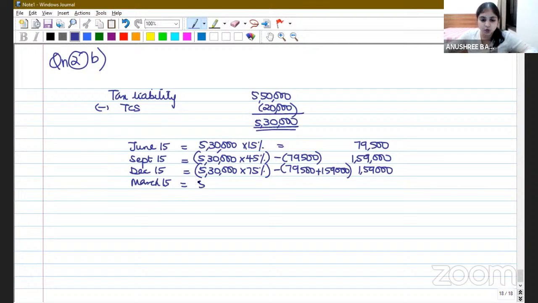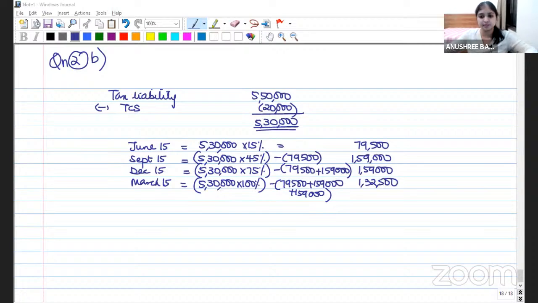And last installment, 5,30,000 into 100%. From this, we will subtract 79,500, 1,59,000 and another 1,59,000 because all these amounts the assessee has already paid. So 5,30,000 minus 79,500 minus 1,59,000 minus 1,59,000, you will get 1,32,500.